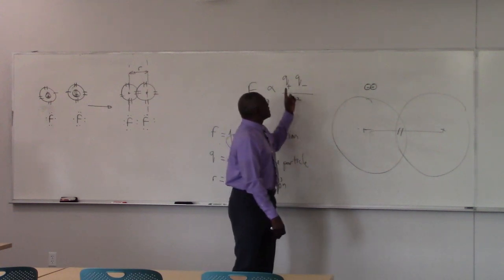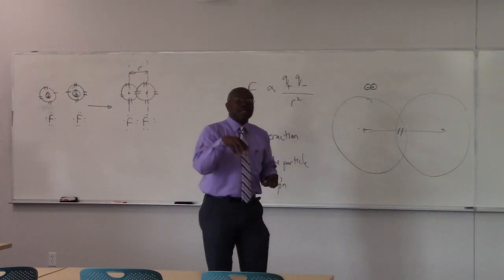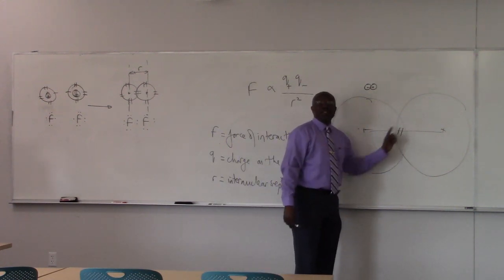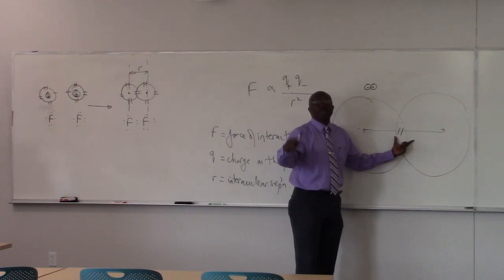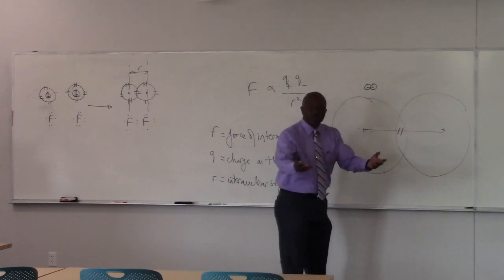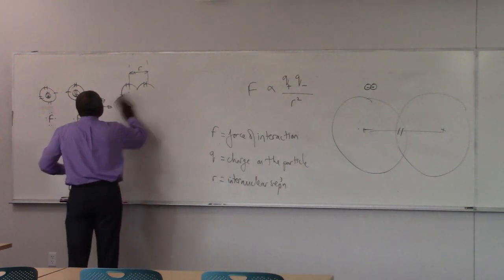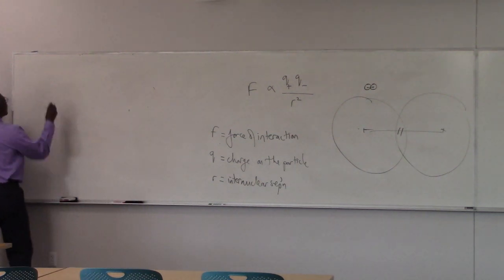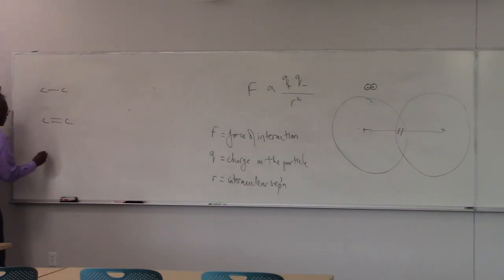The other thing is the charges. And what for us directly makes an impact is the number of electrons in the internuclear gap. The number of electrons in the internuclear gap. For example, we know that carbon can form a single bond, carbon can form double bonds, carbon can form triple bonds.